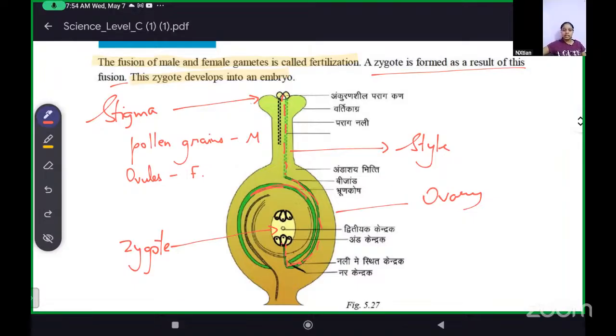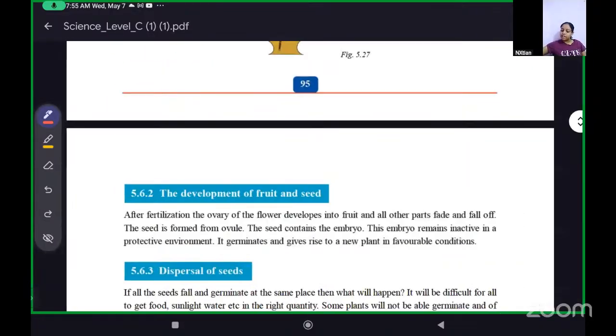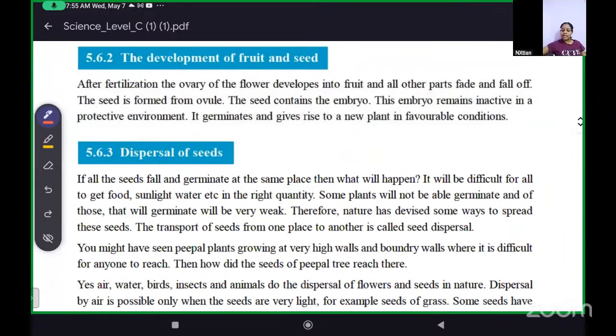That is what the green tubes are. They are a pathway for the pollen grain to enter the ovary. Understood the structure? I'll share an English diagram. Now, the development of fruit and seed.